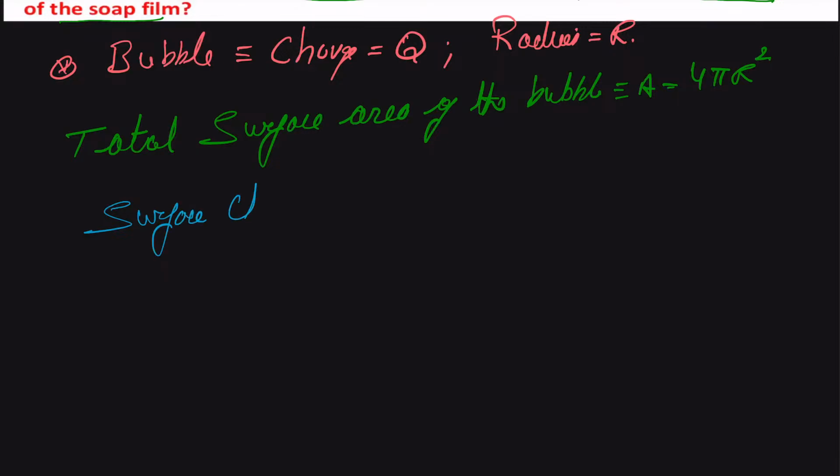The surface charge density, sigma, is equal to q upon 4 pi r square.